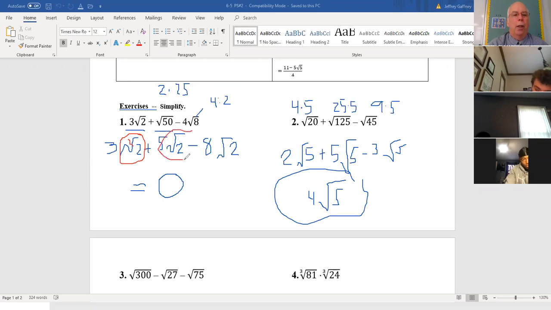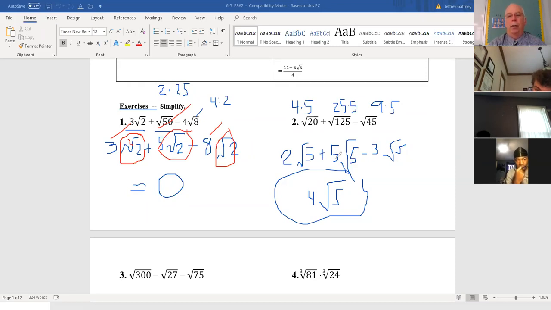That's a like radical expression, that's a like radical expression. And you can think of the 3, the 5, and the 8 almost like a variable, and the like radical expressions as a coefficient. So if this was 2x plus 5, if the square root of 5 is x, you could say this is 2x plus 5x minus 3x.